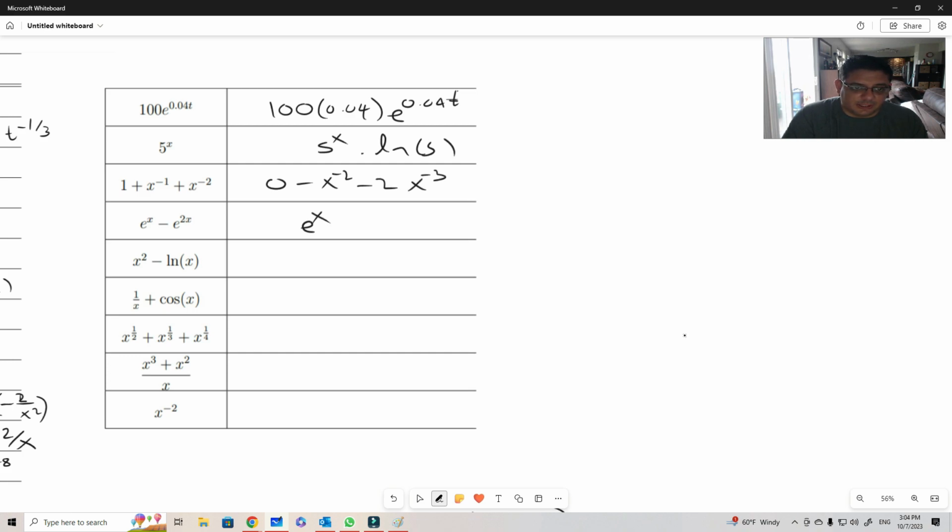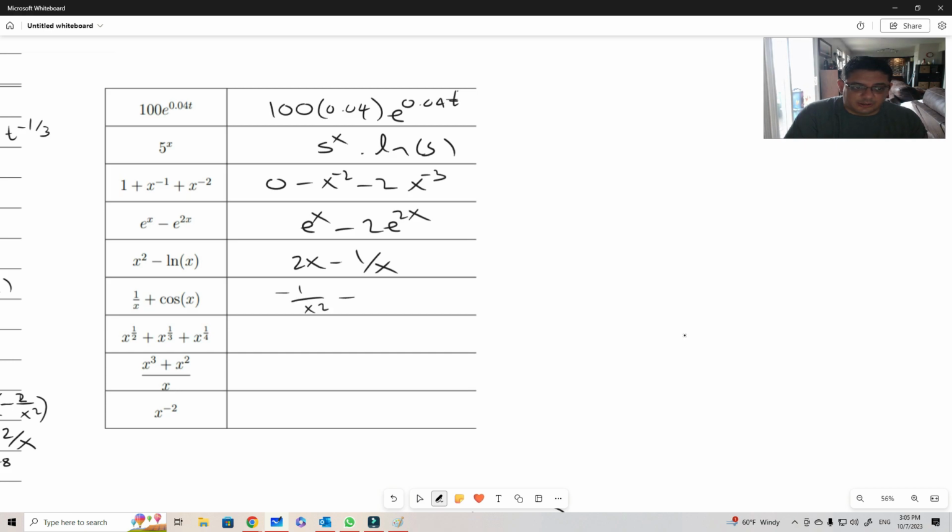This is e to the x minus twice e to the 2x, and this is 2x minus 1 over x. Nothing fancy here. This again becomes x to the minus 1. So since it's x to the minus 1, you can see that it's minus 1 over x squared.